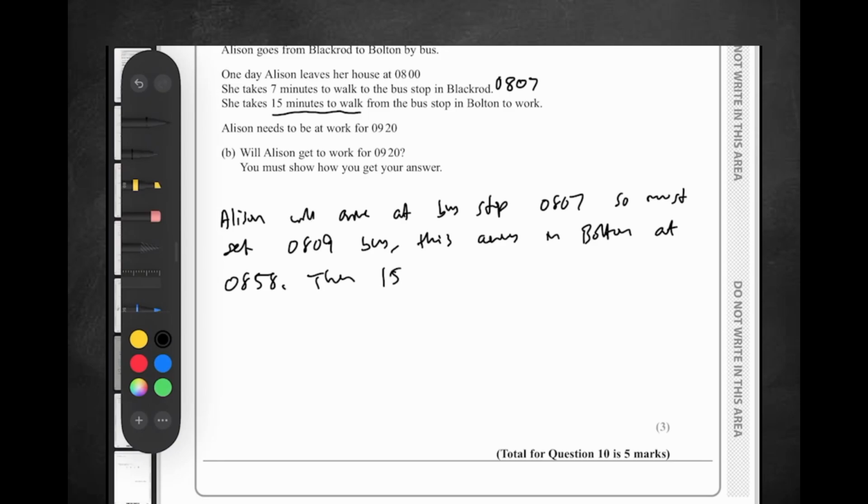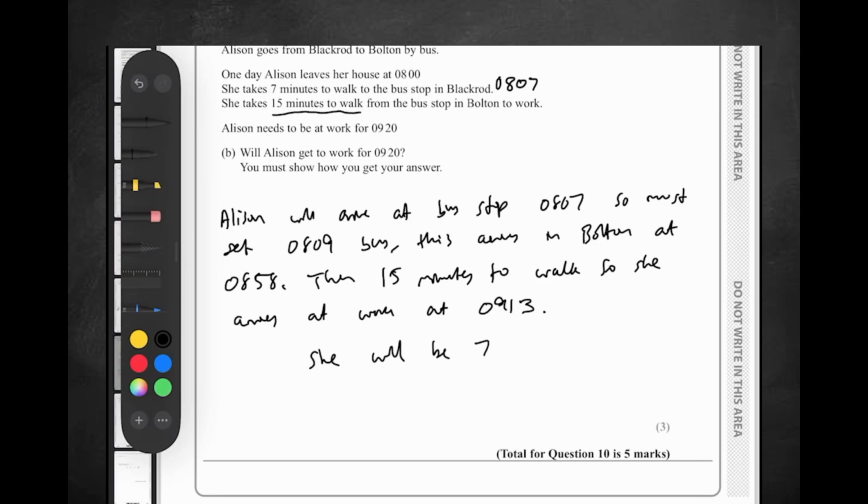Then 15 minutes to walk. So she arrives at work at 09:13. She will be 7 minutes early for work.